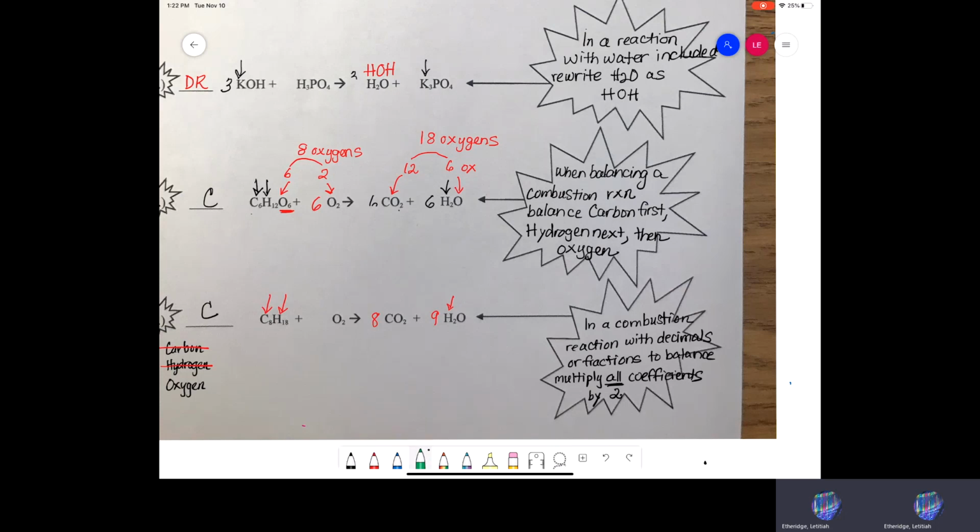If we take a look at our oxygens, we have 16 oxygens, and now we have 9 oxygens. Add them up, we have 25 total oxygens. The problem is that 25 does not divide evenly in half.